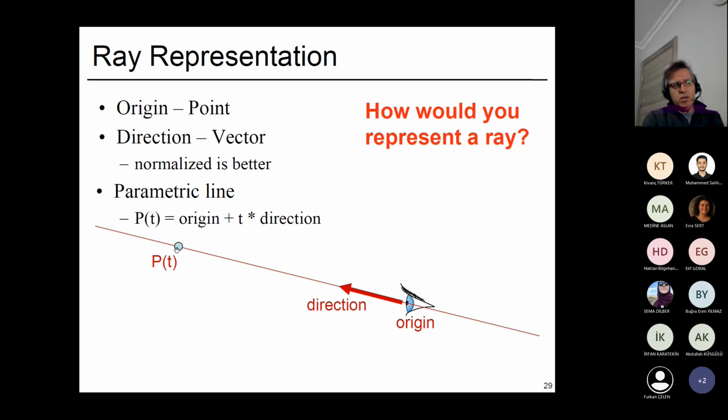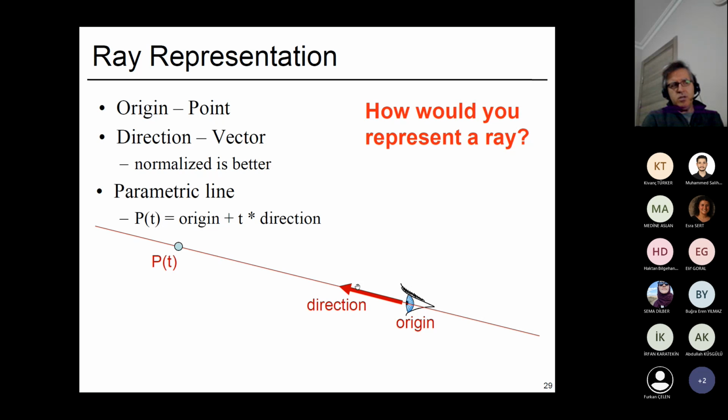And then any point in the scene on this ray is going to be simply represented as origin plus some t, some parameter, times the direction. You can think of t as a distance from your eye center to this point. You need the origin, which in 3D is x, y, z, so 3 degrees of freedom.